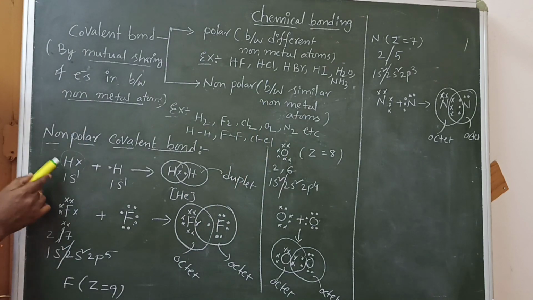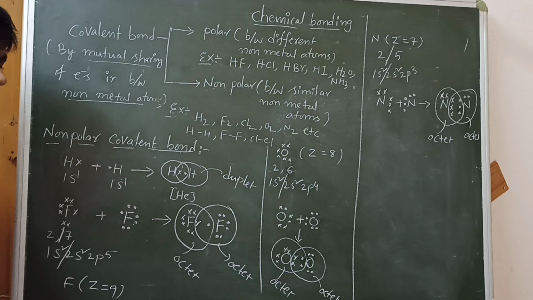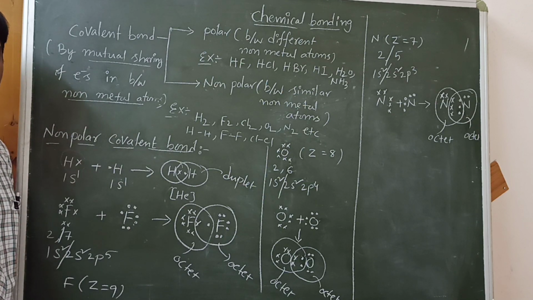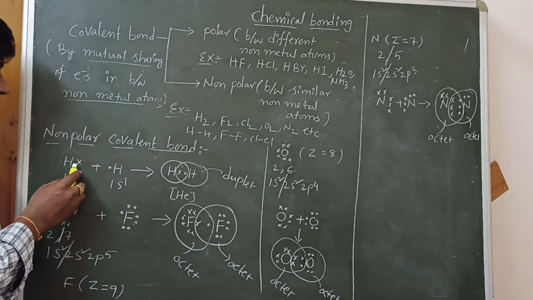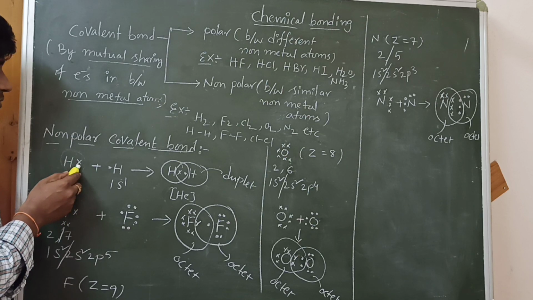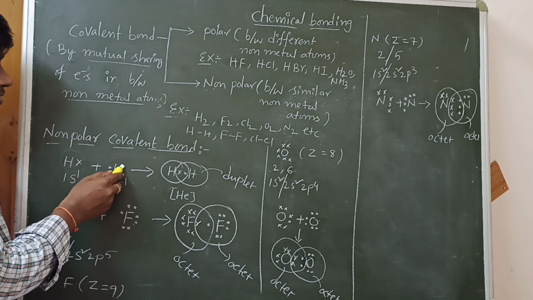I told you, let us take the hydrogen atom. What is the hydrogen atom's atomic number? It is 1. So for getting the inert gas configuration, it needs one more electron. So it shares one electron from another hydrogen atom.